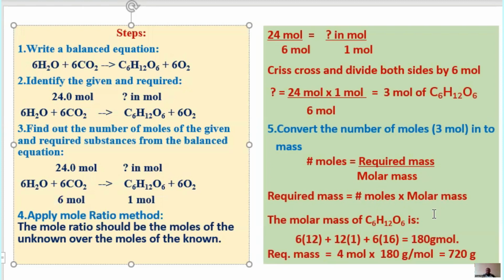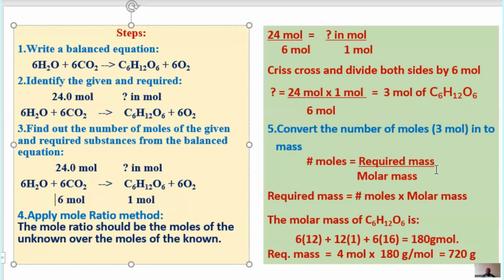The molar mass of glucose is 6 multiplied by 12 plus 12 multiplied by 1 plus 6 multiplied by 16, which equals 180 gram per mole. The atomic mass of carbon is 12, the atomic mass of hydrogen is 1, the atomic mass of oxygen is 16. You have 6 atoms of carbon, 12 atoms of hydrogen, and 6 atoms of oxygen.